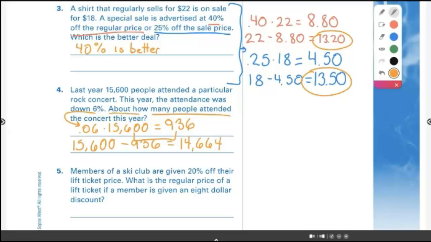So the big thing is you have to be sure you're answering the question, because if you stopped at 936, that's not the question. The question is how many people attended. 936 is the number less that attended. These are a little tricky, but this is real life.